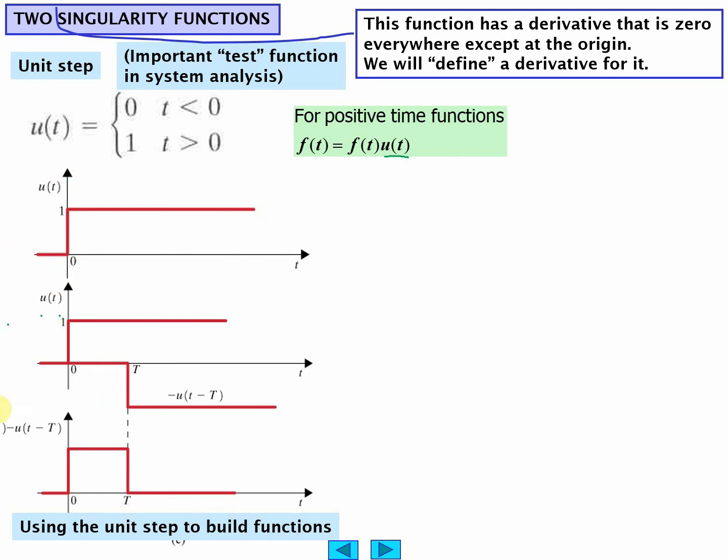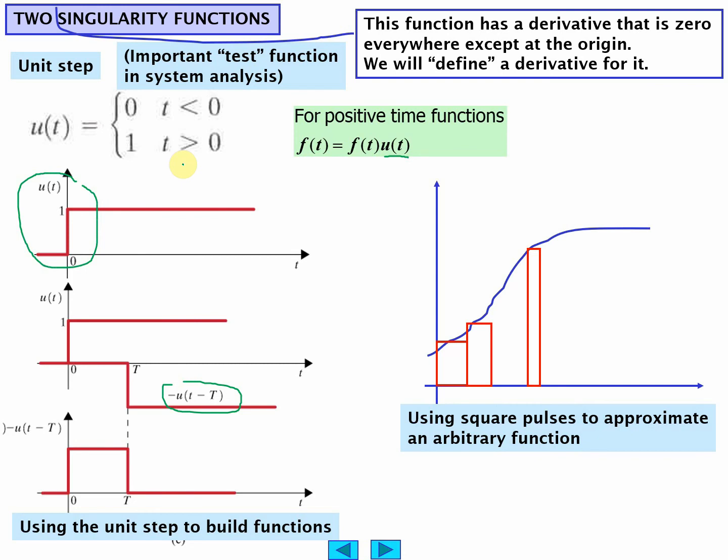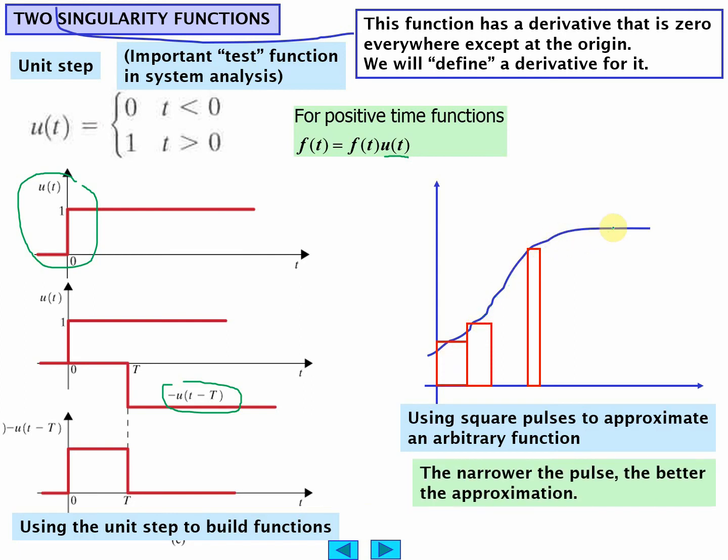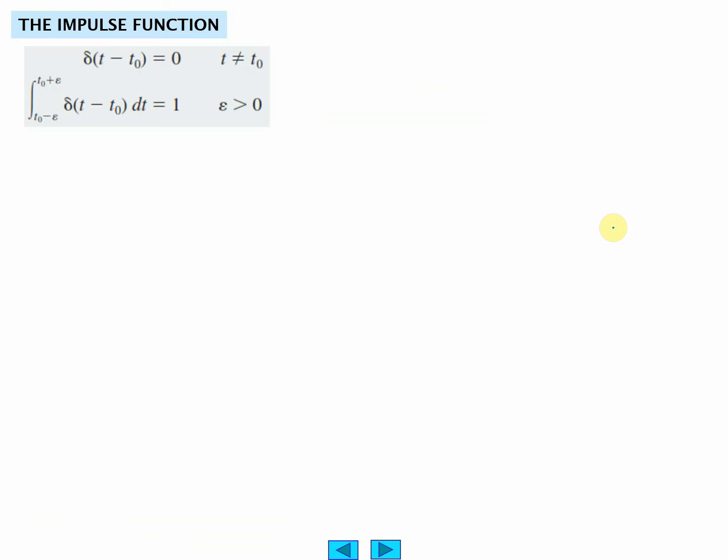To make a square wave, you have a minus u. So we can use this step to build other functions. And for anything arbitrary, we can approximate that with a series of steps. So this can be very powerful. You can just keep going and going.